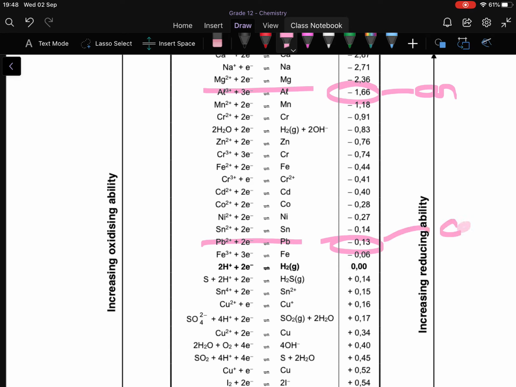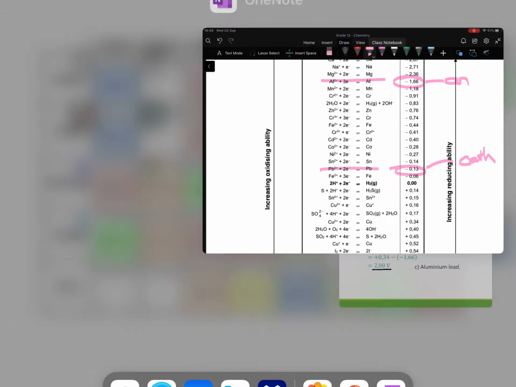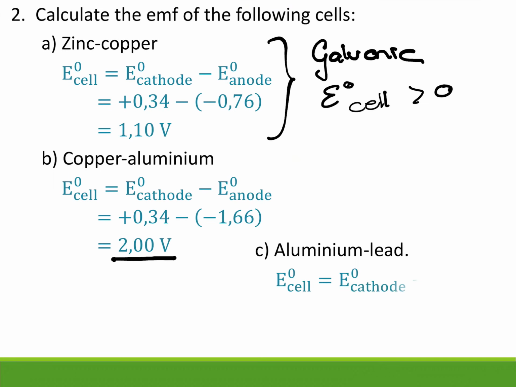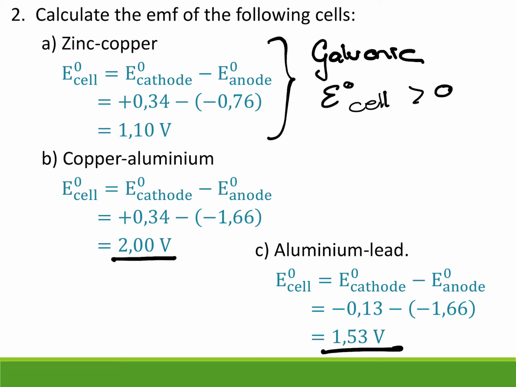The lead now is your cathode. We put it into our equation. We're all very happy, and we get a positive value. So of course this is nice and easy. There's nothing difficult about that. The hard thing is to be able to find out where the anode and the cathode is. That is all about knowing which is at the top and which is at the bottom.